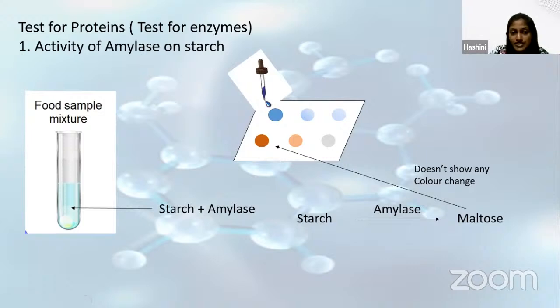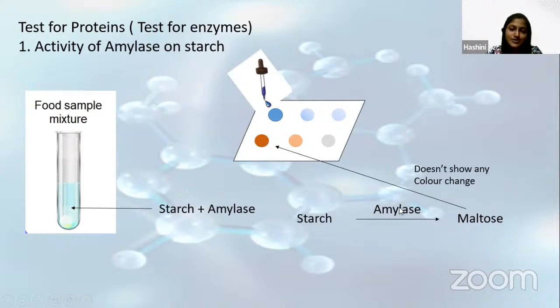But after that, we have to continue this by taking 2 to 3 drops of this mixture onto this porcelain tile at 2-minute time intervals during a 20-minute period. So what happened? Gradually, this starch breaks down into maltose. So ultimately, what is present?